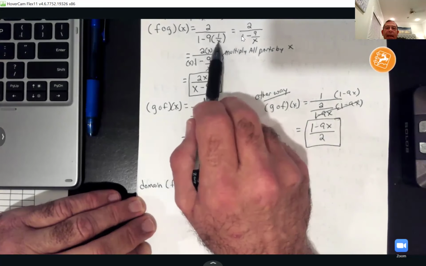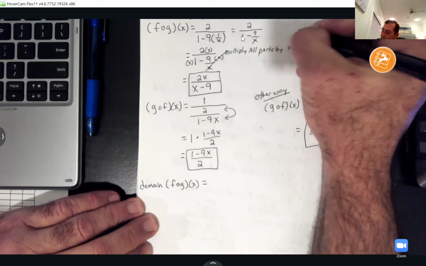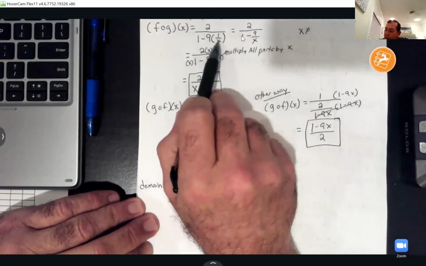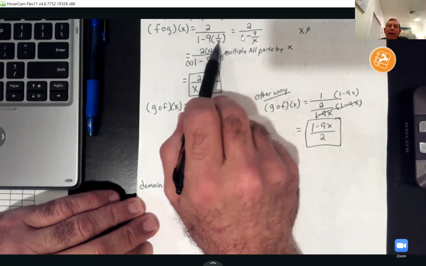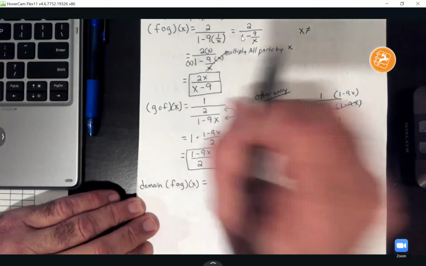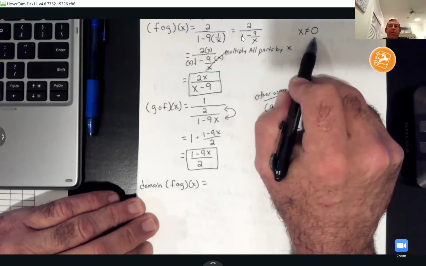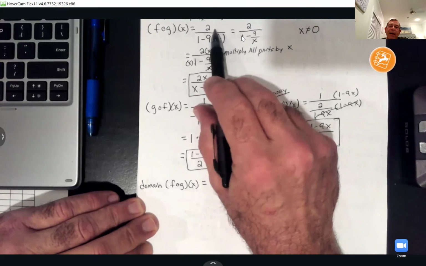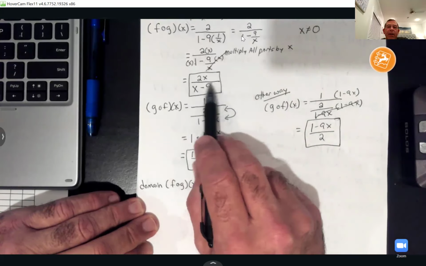What can this x not equal? What would make that undefined? 0. So we know right off the bat, x cannot equal 0, because if it does, it makes this undefined.